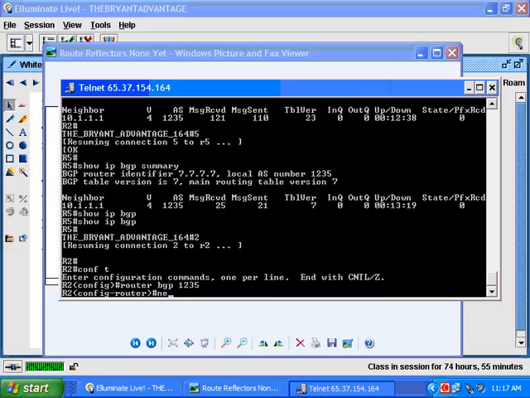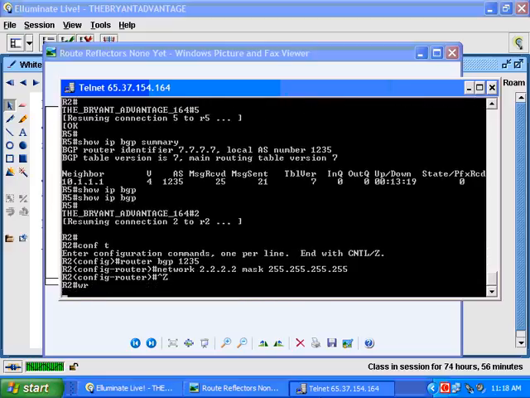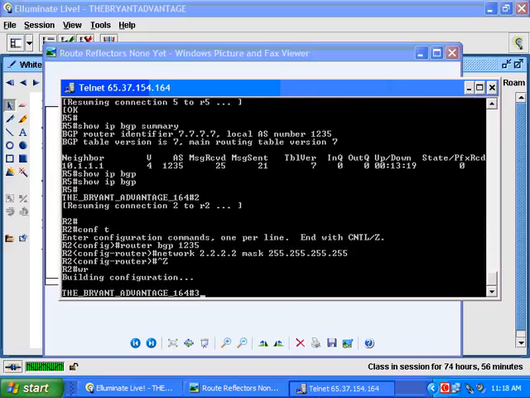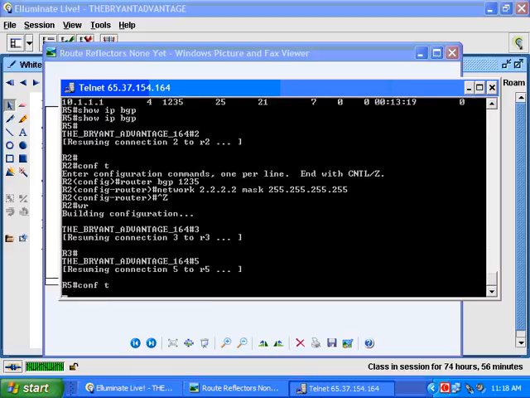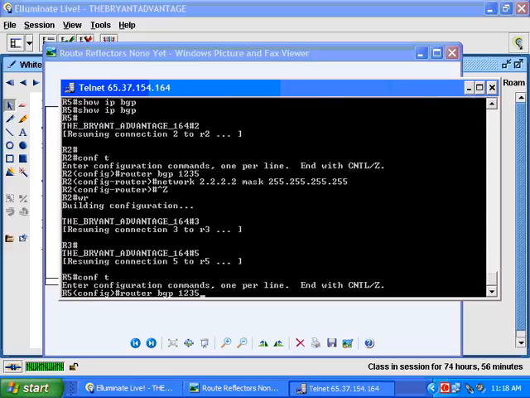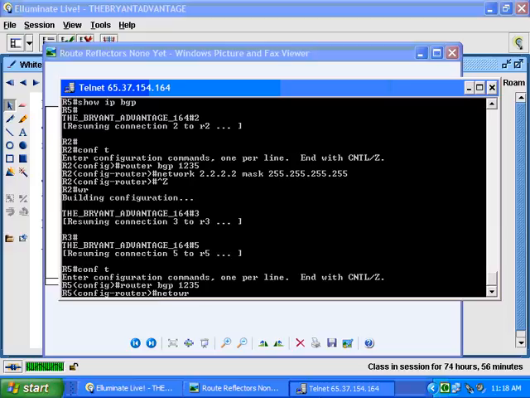Let's add some networks. We're going to add router 2's loopback with the network mask command. Let's go up to 5. And we're going to add router 5's loopback.